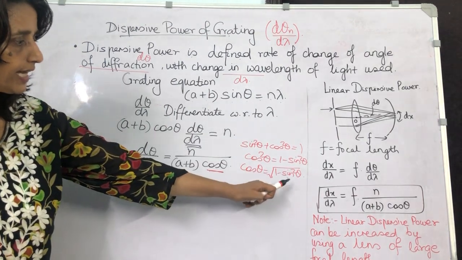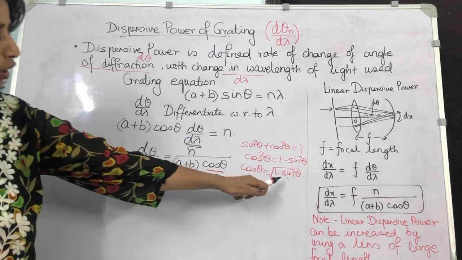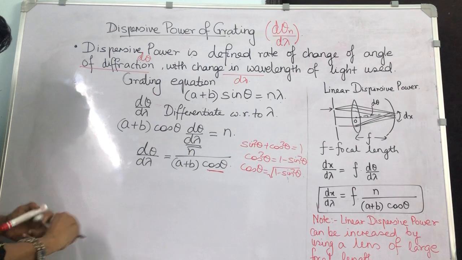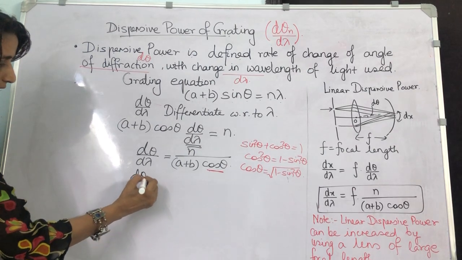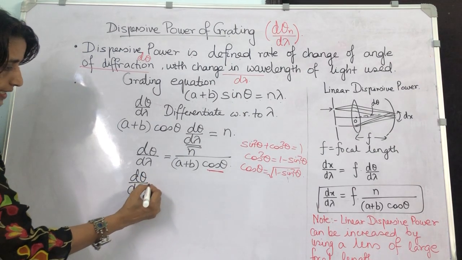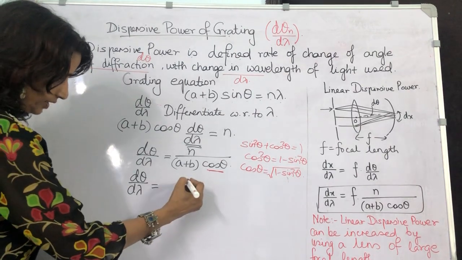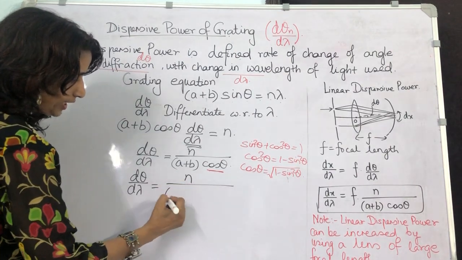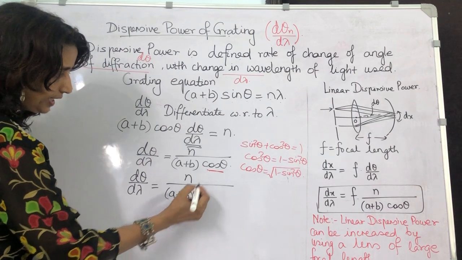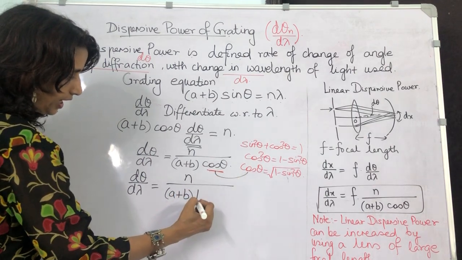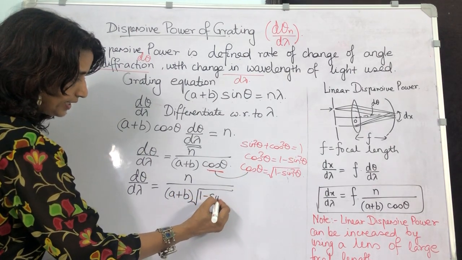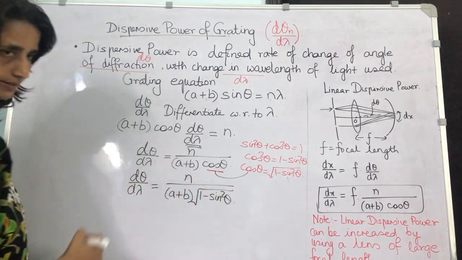And this sine theta value we will put from here. So the expression becomes d theta by d lambda is equal to n upon (a plus b) under root 1 minus sine square theta.